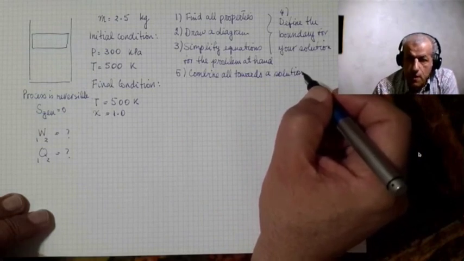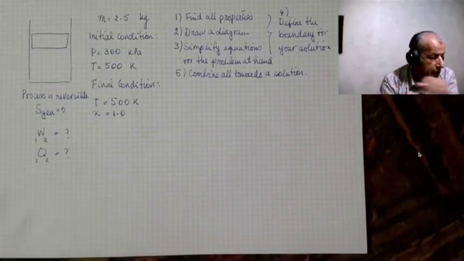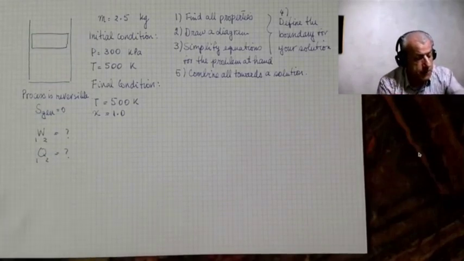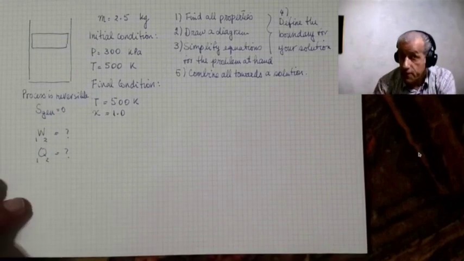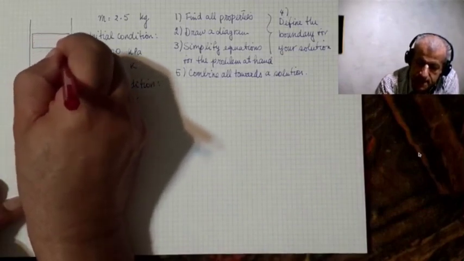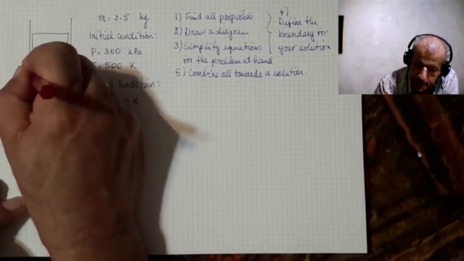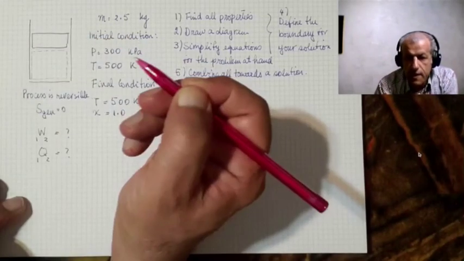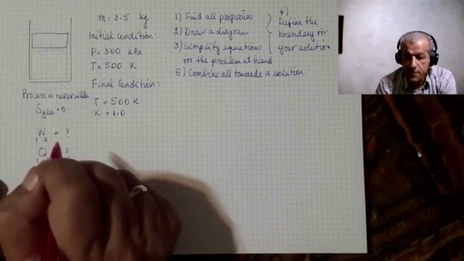So let's do the first step and define a boundary for our study. And the boundary I define, for the time being, is the steam inside the piston cylinder. This is the boundary I select for the time being.